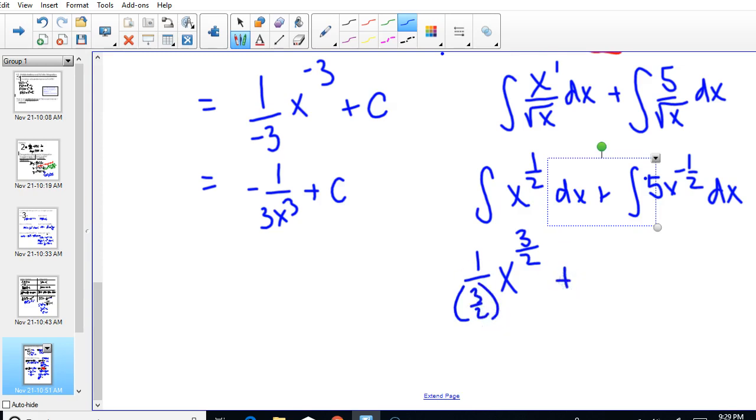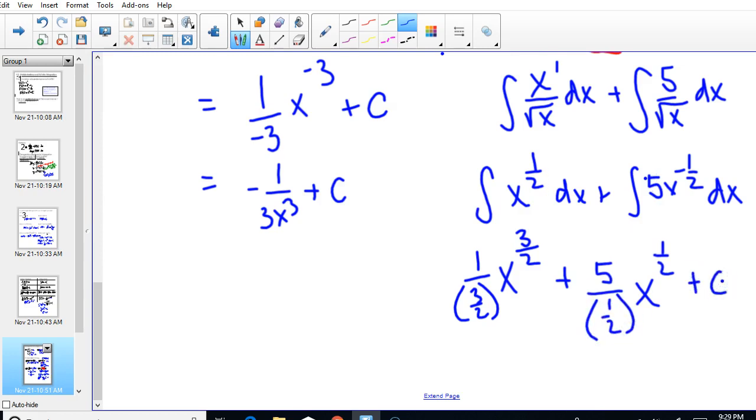Plus, right now I'm not going to put a plus c with this part because I'm just going to put the plus c on the end after I've integrated everything. So here I've got x to negative 1/2. When I add 1 to negative 1/2, I'll get positive 1/2. And then I've got 5, and I've got to divide it by positive 1/2. And I will put a c here on the end.